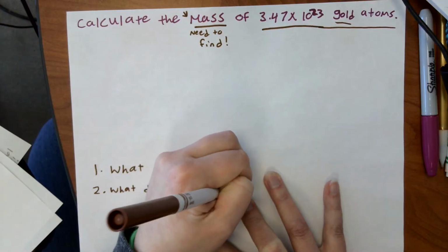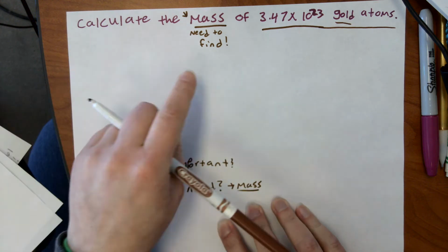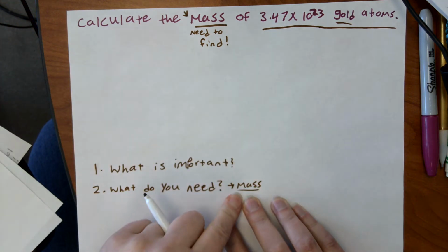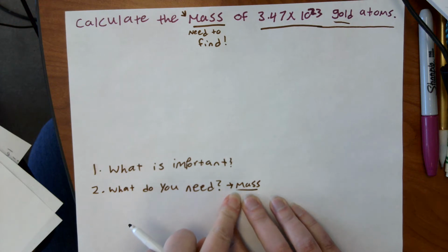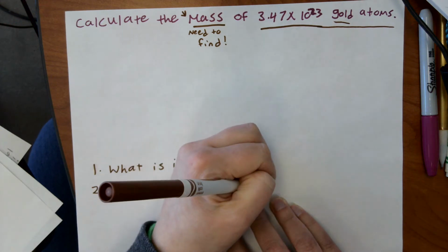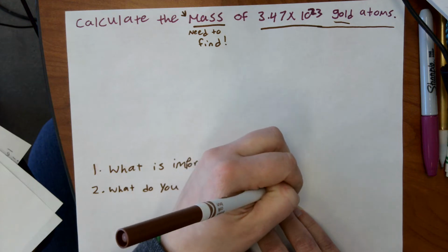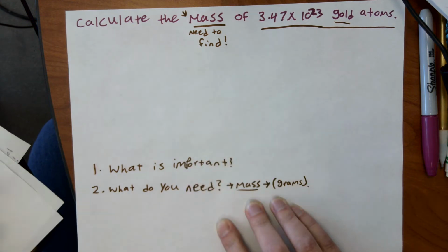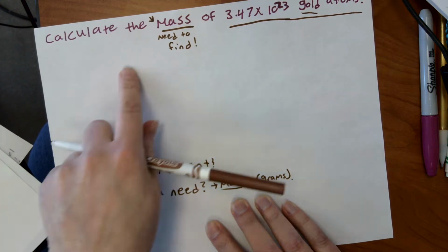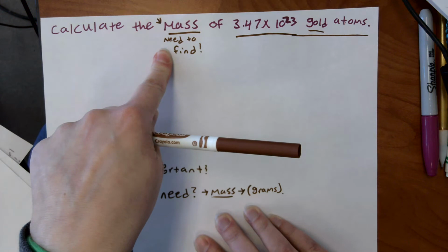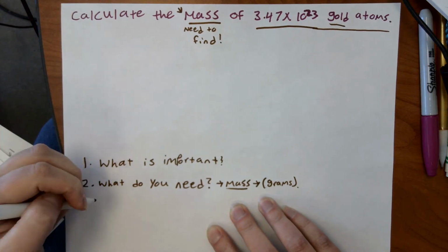Okay? Since you need to find a mass, hopefully when you hear mass, you should also think of the unit that you need. So you should hopefully be answering this in things like grams. Okay? Or if it says so in your problem, you should be answering in that form of mass.